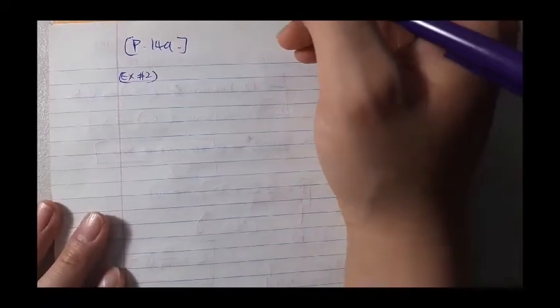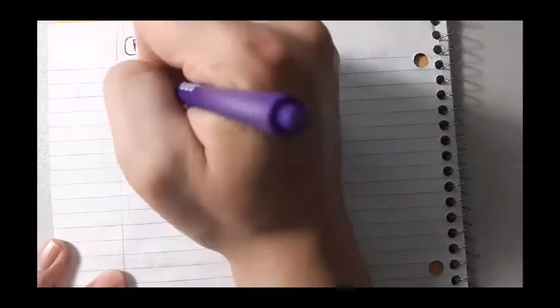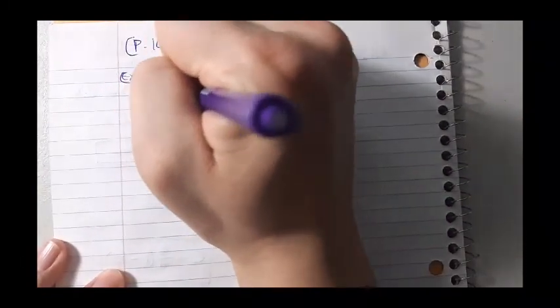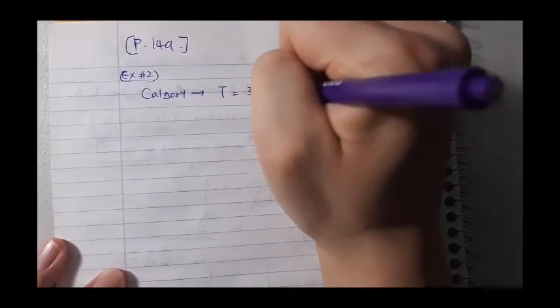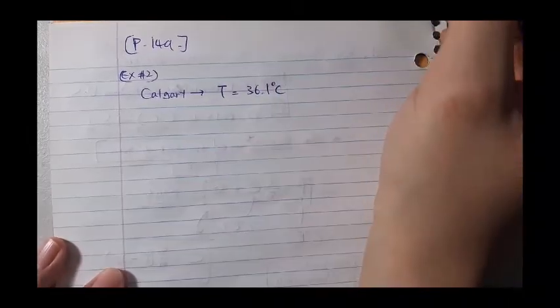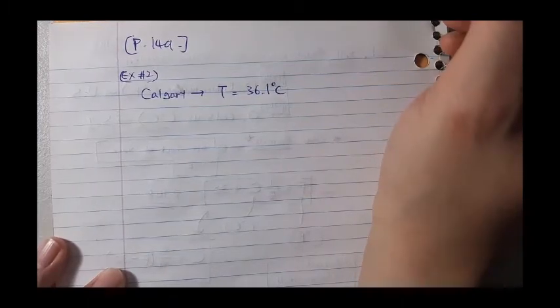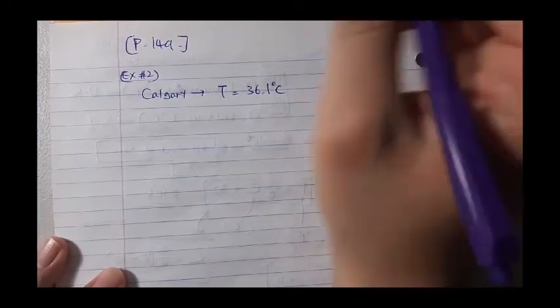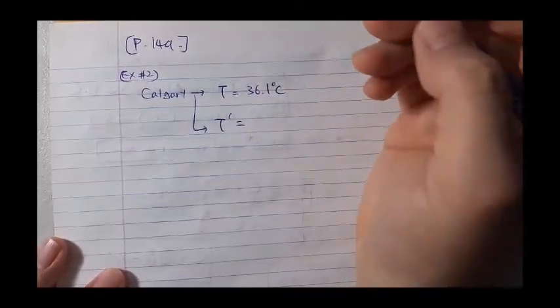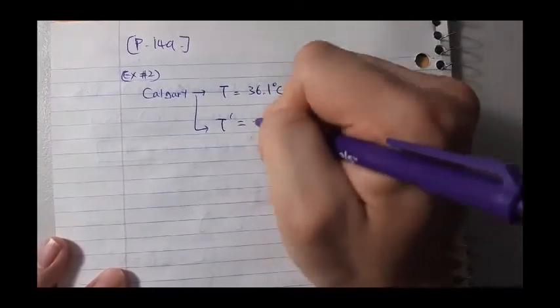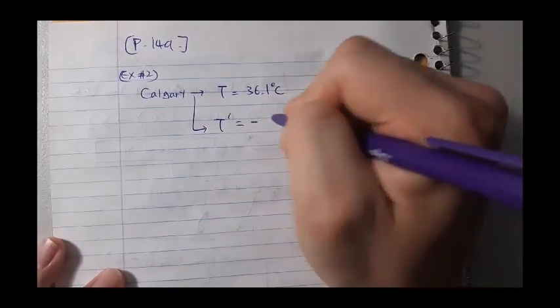Owen, an assistant at a library, learned that the highest temperature in Calgary is 36.1 degrees Celsius on July 25, 1933. The lowest temperature, I'm going to put temperature prime because it's different. Oh, sorry, it's the same unit but a different type of temperature.